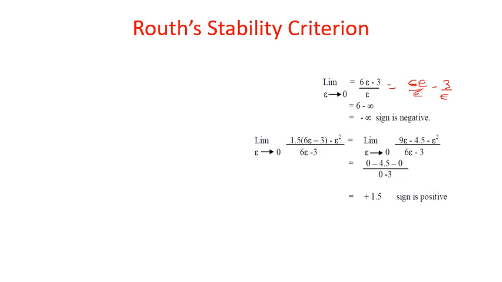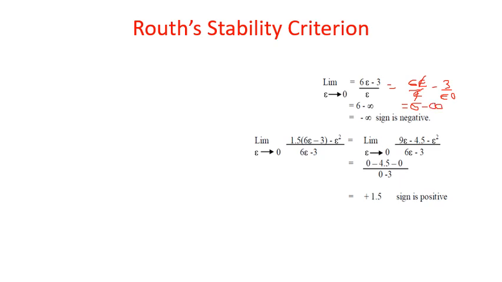Here this epsilon cancels, so we will be getting 6 minus 3 divided by epsilon. Minus 3 divided by epsilon, with epsilon very near to 0, is 3 divided by 0. So what will it be? It will be equal to infinity. So here we get 6 minus infinity.